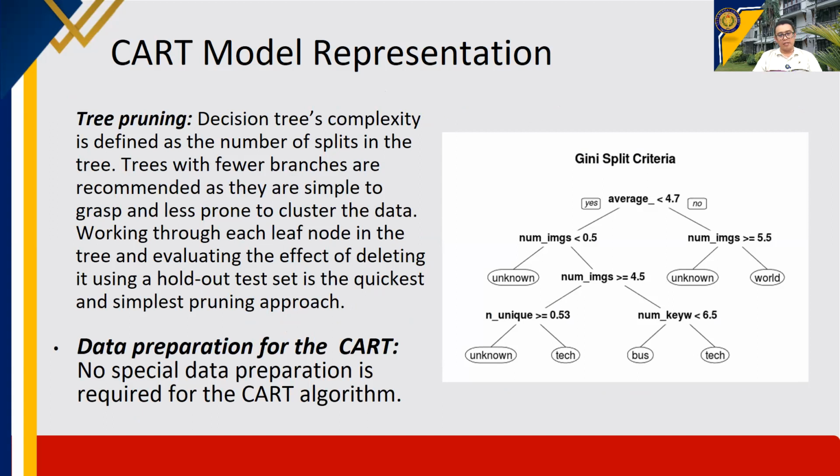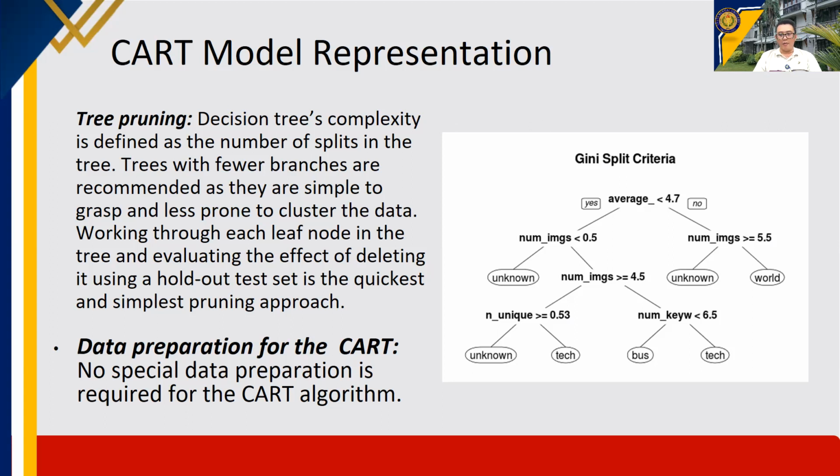A decision tree's complexity is defined as the number of splits in the tree. Trees with fewer branches are recommended as they are simple to grasp and less prone to overfitting the data. Working through each leaf node in the tree and evaluating the effect of deleting it using a holdout test set is the quickest and simplest pruning approach.